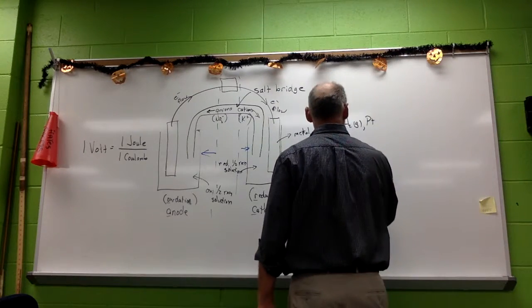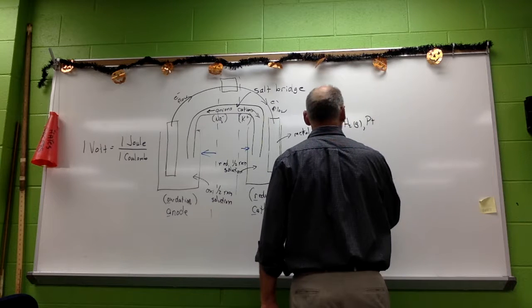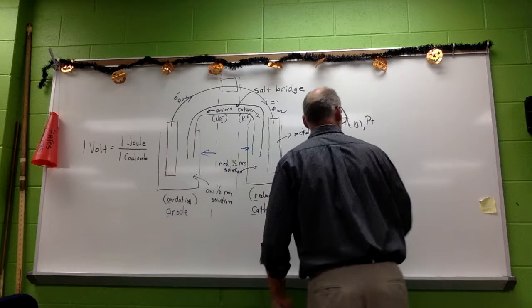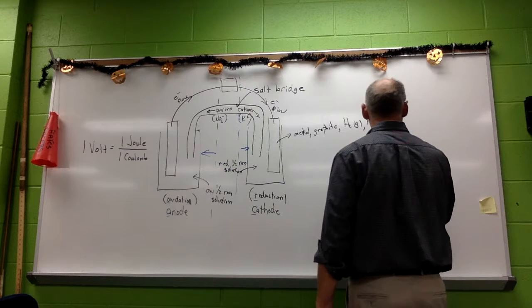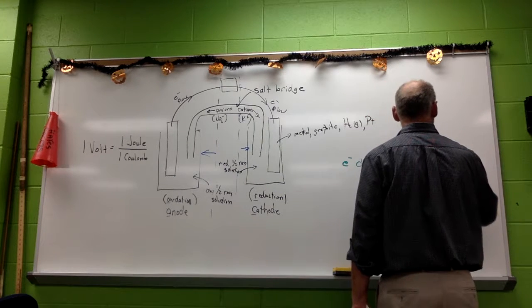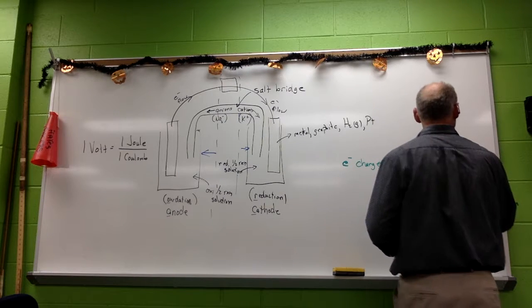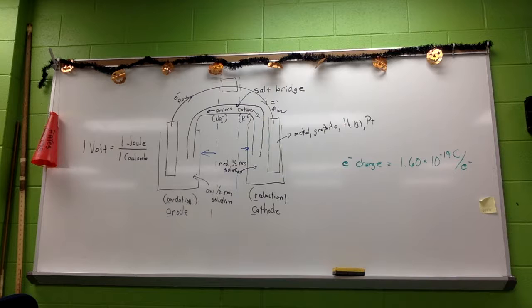Electric charge. This is just kind of bonus material. It's not really bonus because we're actually going to need this. Electric charge is equivalent to 1.60 times 10 to the negative 19th coulombs per electron. So each electron has a charge of 1.6 times 10 to the negative 19th coulombs.